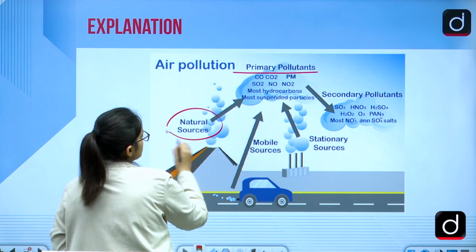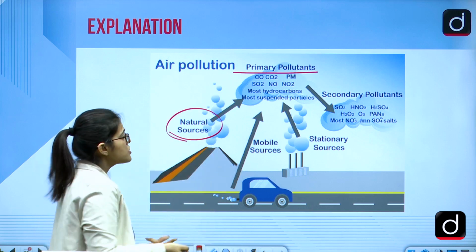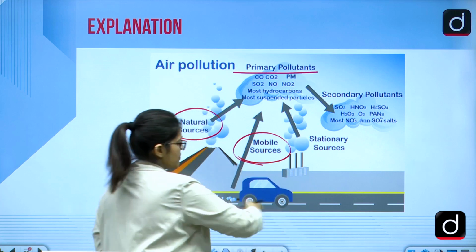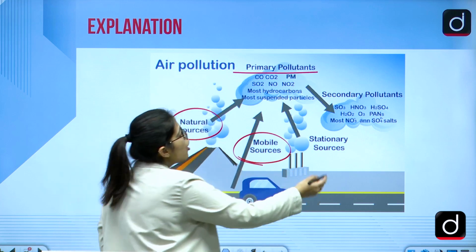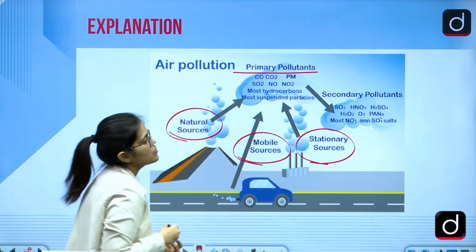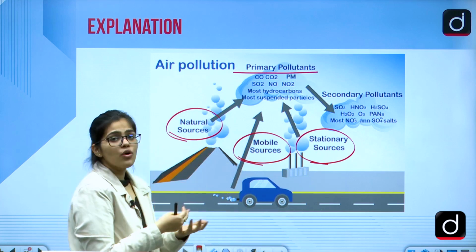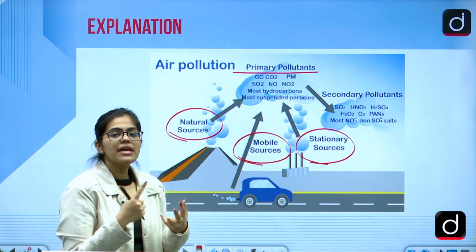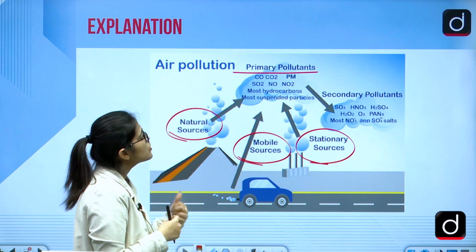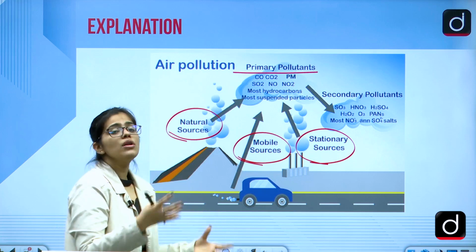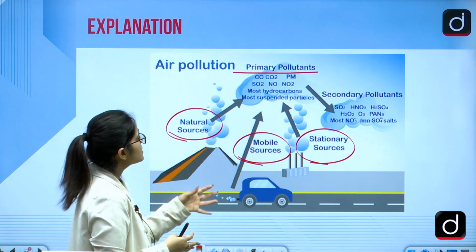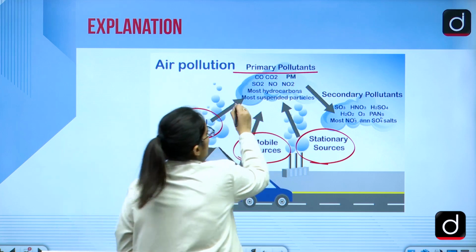So first of all, how are these pollutants generated? It can be natural sources like volcanic eruptions, it can be mobile sources like transportation, or the factories, the stationary sources, can contribute to all of these gases. So we have CO, CO2, we have PM, that is particulate matter, we have SO2, NO, NO2, and almost all the hydrocarbons and the suspended particles.